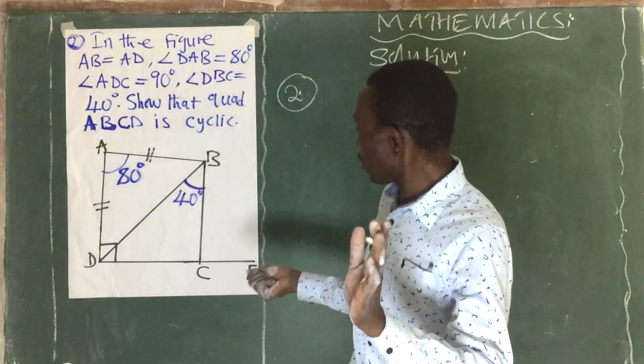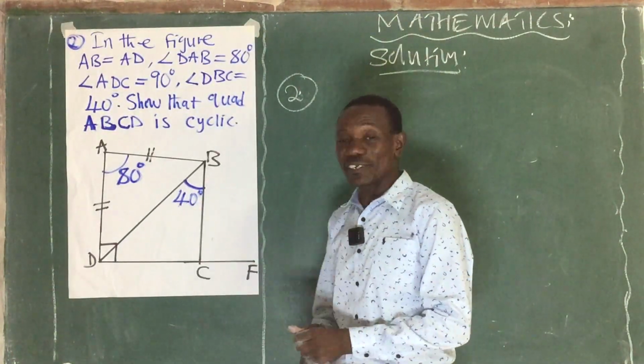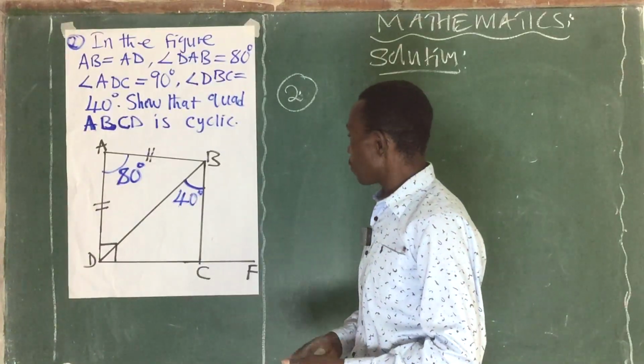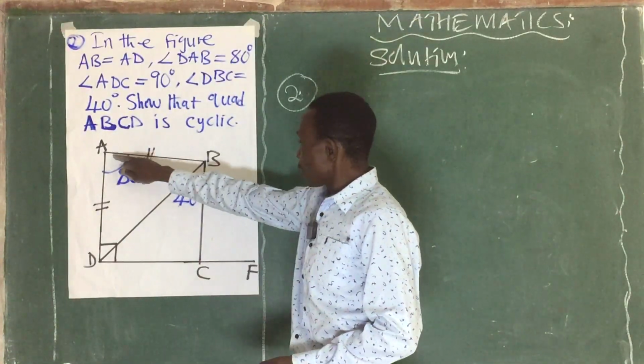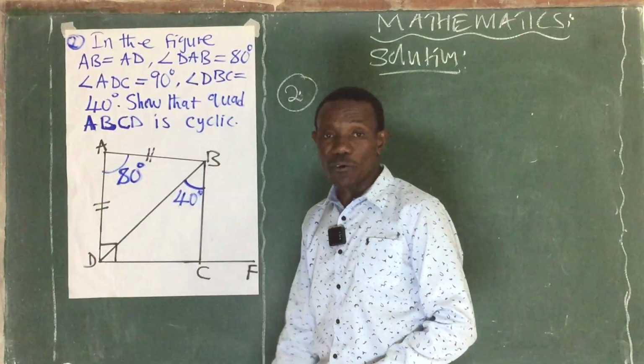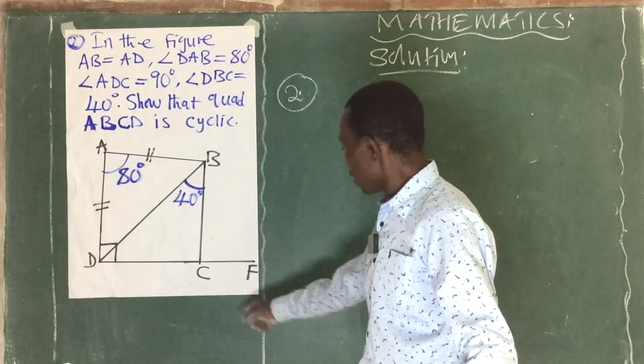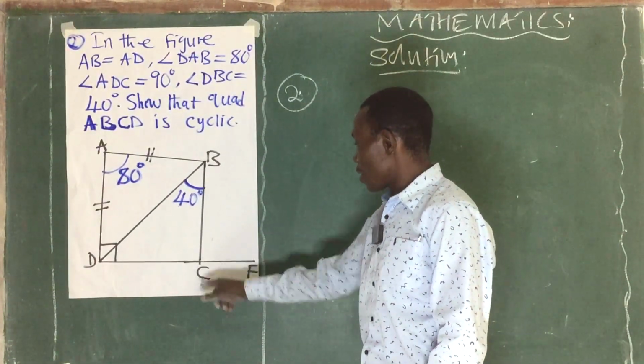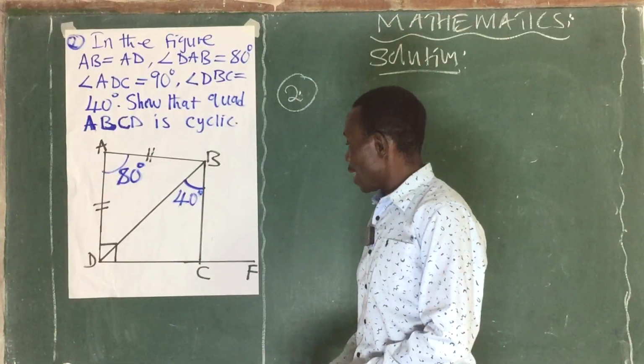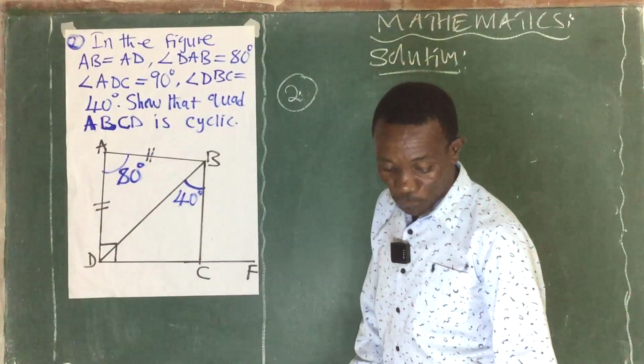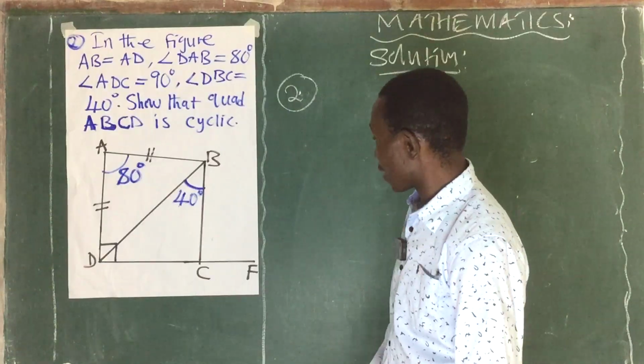The moment you prove that the quadrilateral is cyclic, what you expect is that the points A, B, C, D are concyclic. This line from C to F is a produced side of DC of that quadrilateral if it is cyclic.